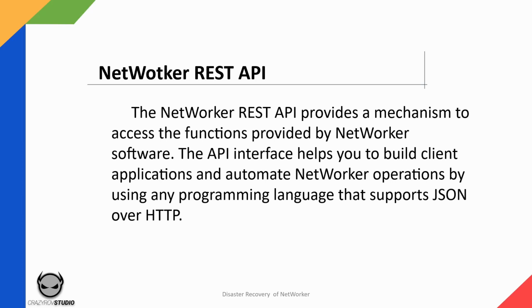NetWorker REST API provides a mechanism to access the functions provided by NetWorker software. The API interface helps you to build client applications and automate NetWorker operations by using any programming language that supports JSON over HTTP. In short, this is how the HTML5 NetWorker UI interacts with NetWorker, and we can leverage this API as well.